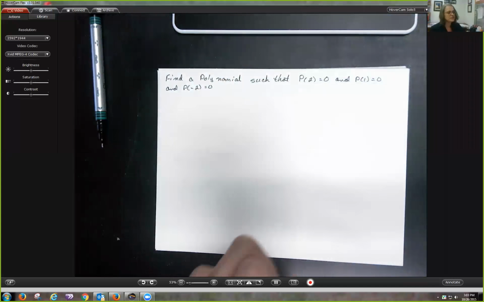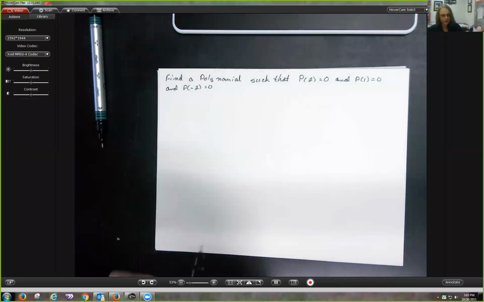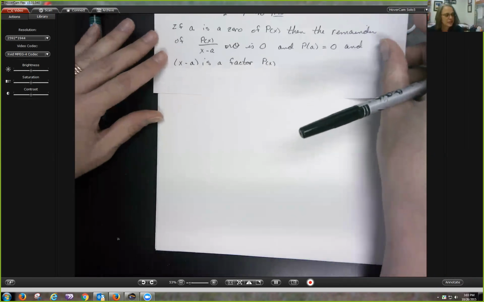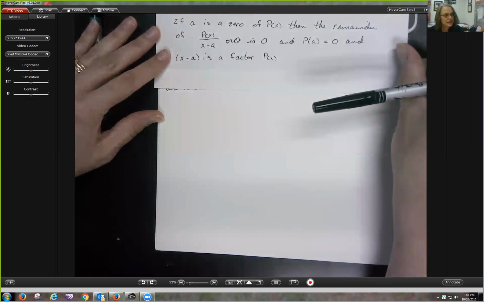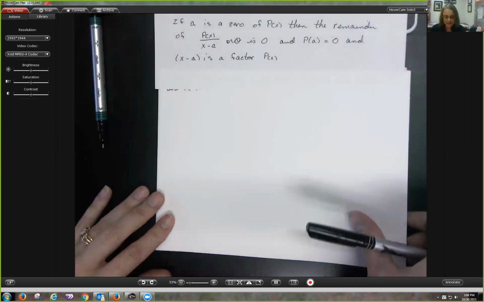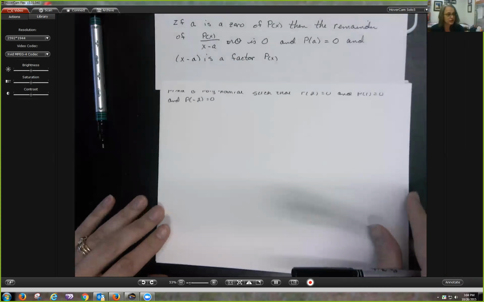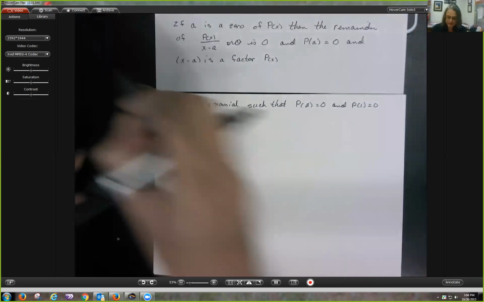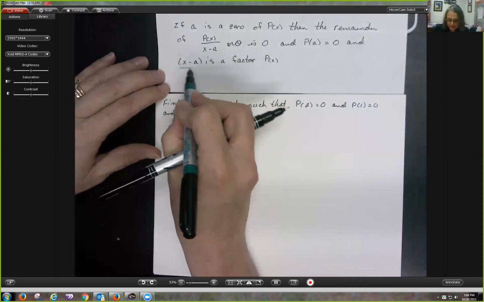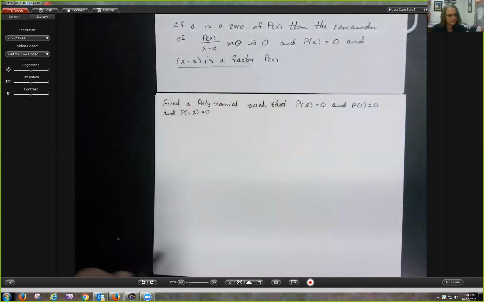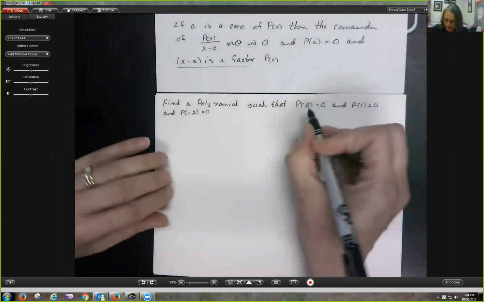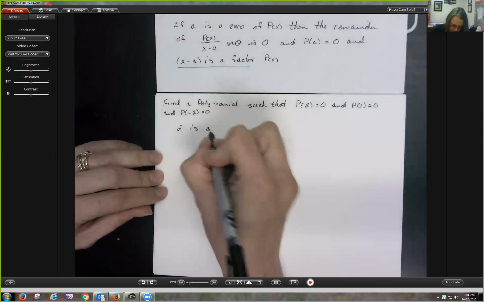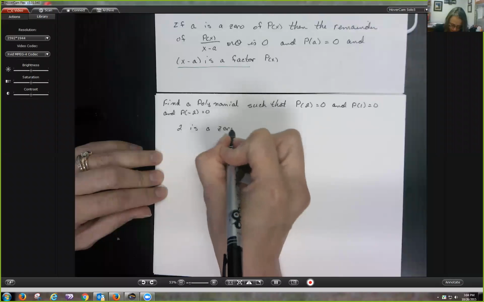Now, let's look at what I just told you a minute ago. What I said was that if some number a is a 0 of the polynomial, then, and this is the part I want you to key on, x minus that number is a factor. So we're told that 2 is a 0.